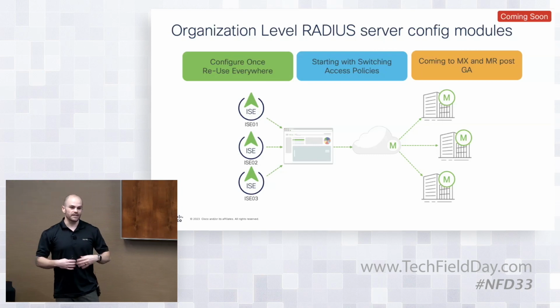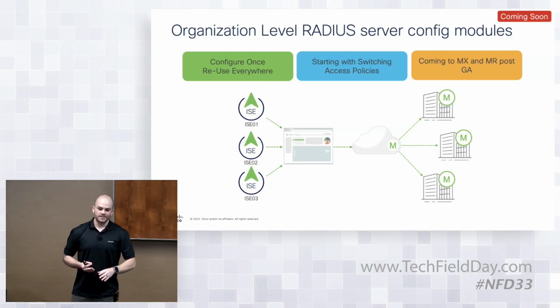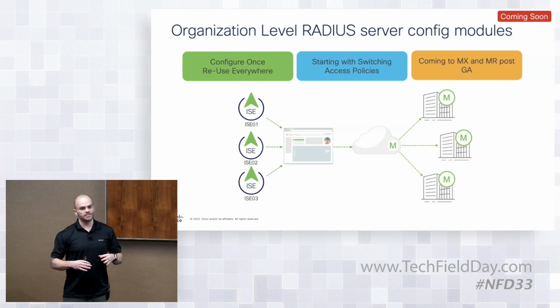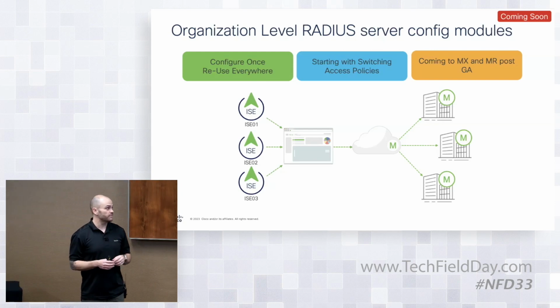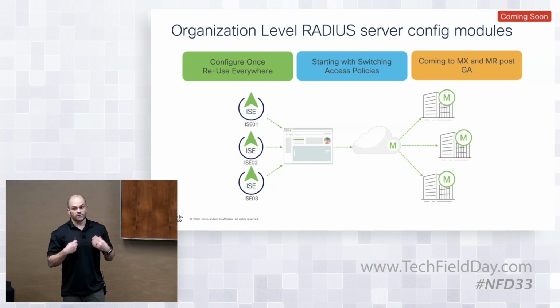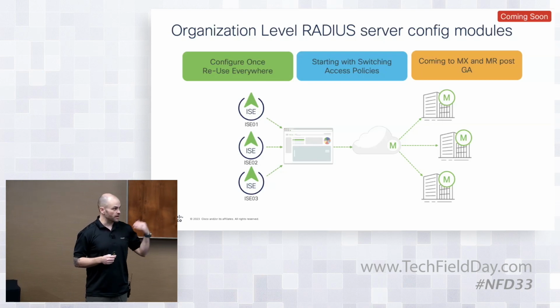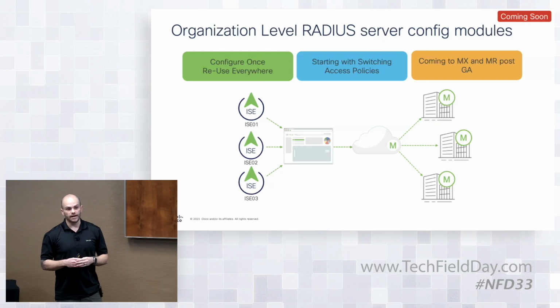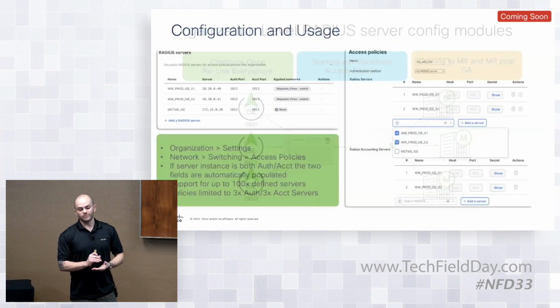You might even do it more than that, like 8,000 times, because we make you configure it on SSIDs, on access policies, on MX ports, and you have to configure the same server, same shared secret, same ports over and over. Sometimes I would imagine you probably have muscle memory at the end of it. But instead of that, we are bringing the RADIUS server configuration to the org level so that you can define your RADIUS servers, up to 100 of them, and then you go to a network and you just select which one you want to use. I've wanted this for so long, and it is super dead simple.